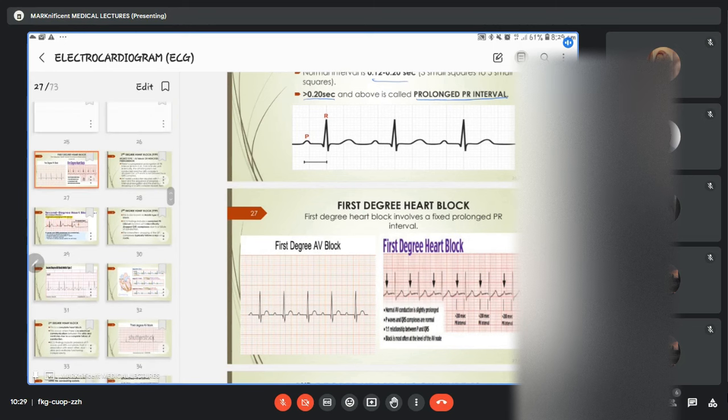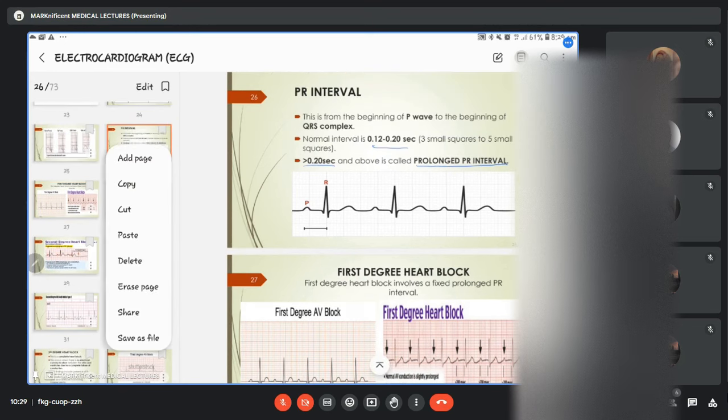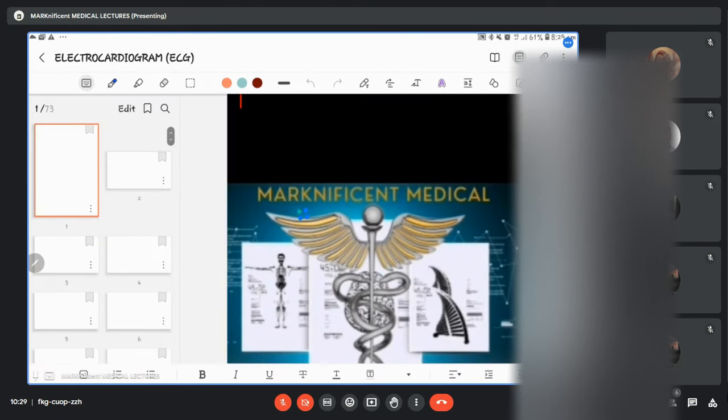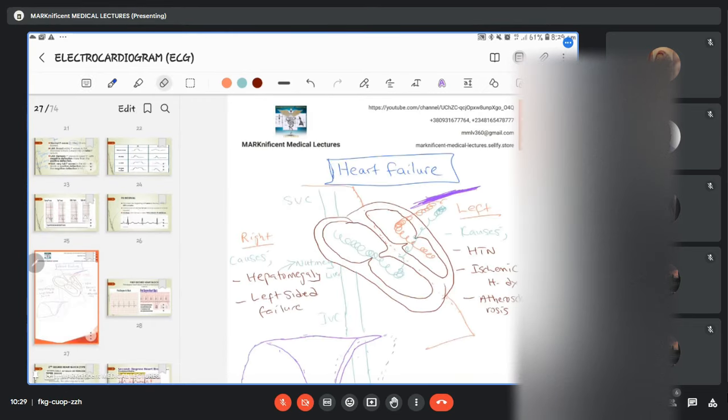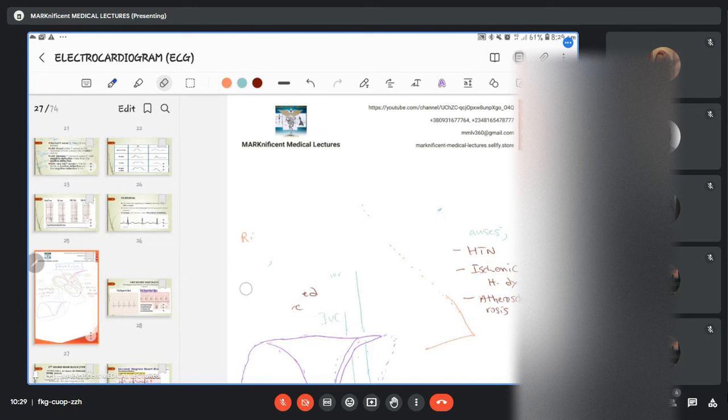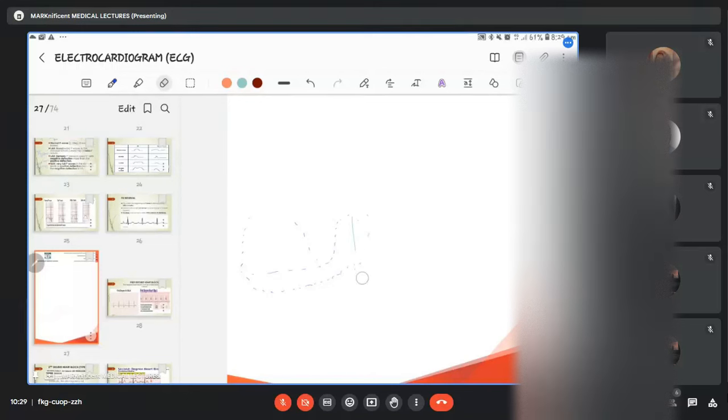So, okay, this is heart block. So let me place it here. All right.